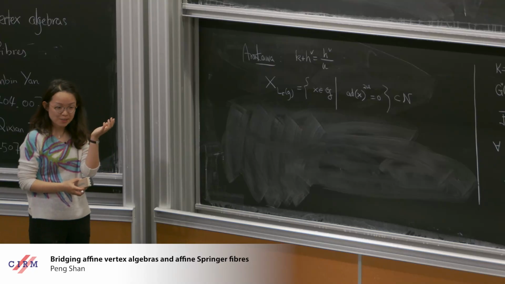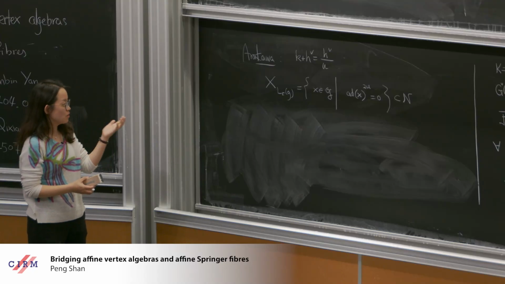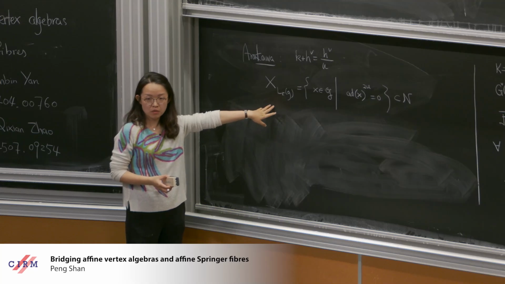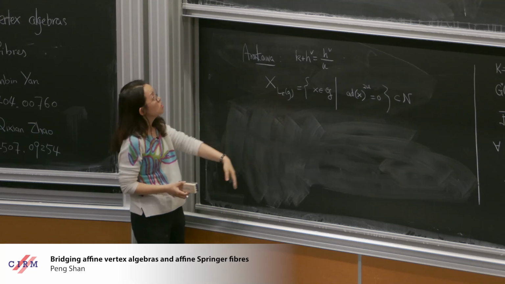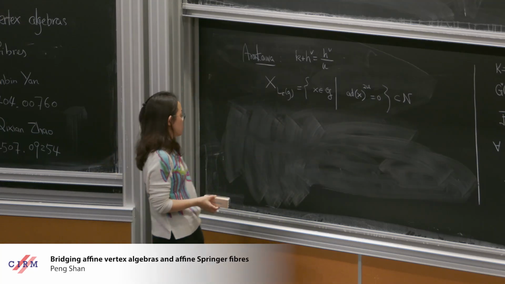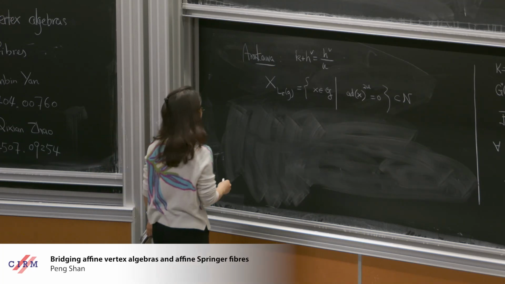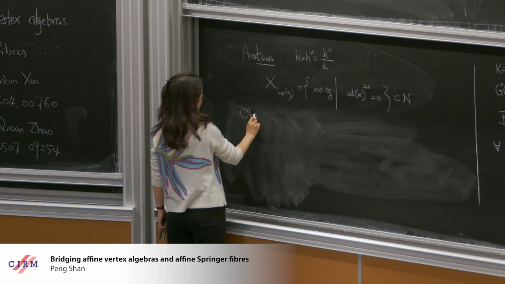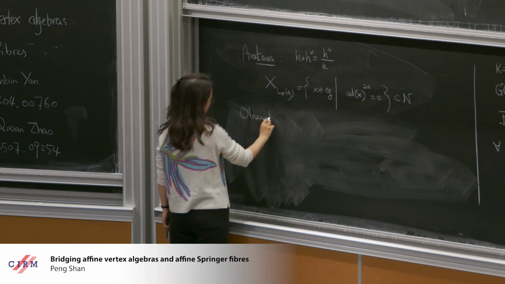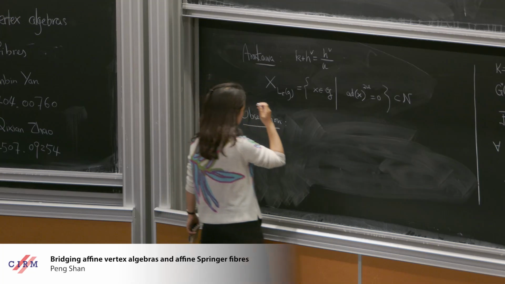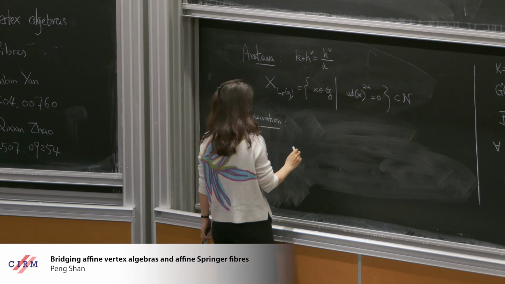And now you ask yourself, is there a way to see this associated variety from the affine Springer fiber point of view? Like, is there a way to produce this from the Coulomb perspective? So we have some observation on this. First of all, I will need to introduce some convention.